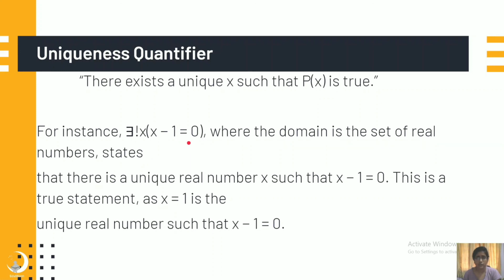This condition would be true only when x equals 1. In the rest of the cases, it won't be true. So we need a unique x so that P of X is true. This is all about the uniqueness quantifier.